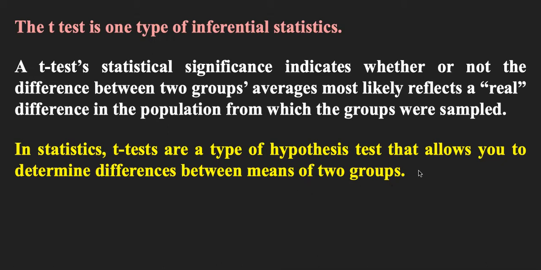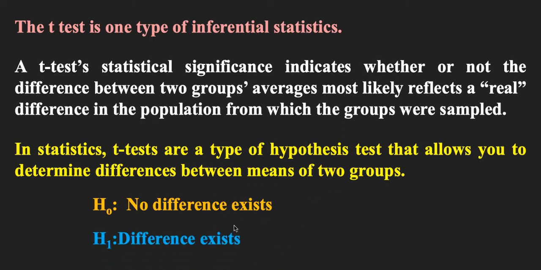Through this test we find out whether there is any difference between the means of those two groups or not. The null hypothesis for the t-test is H naught: there is no difference between the means of these two groups, and hence the alternative hypothesis is that there exists a difference between the means of the two groups.